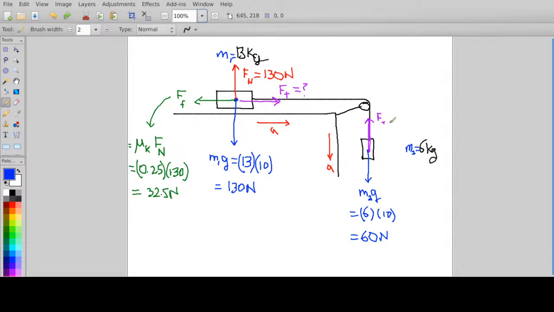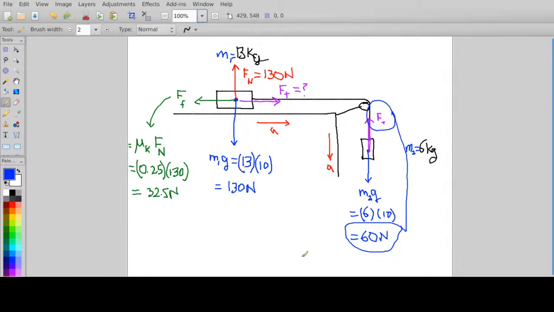Okay, so we're done with the 13 kilogram. If we come over here to the 6 kilogram, we've got the weight of the thing, 60 newtons, and you say, do you know Ft? And you don't. It's not equal to 60 newtons. You might be tempted to say that, but if these two were equal to one another, then there would be no acceleration.